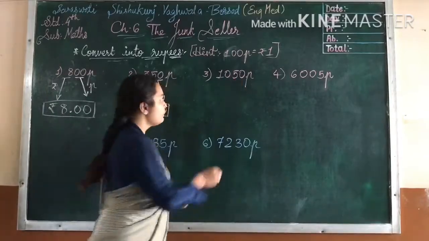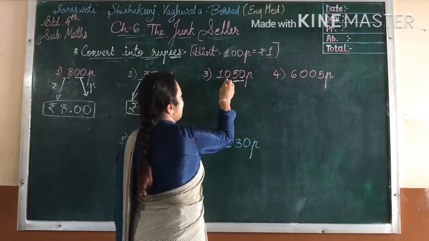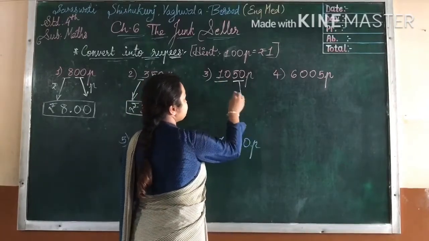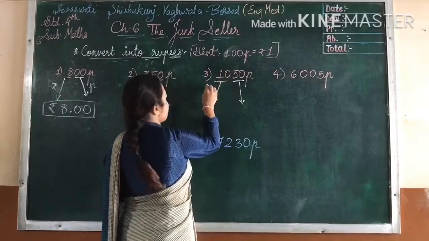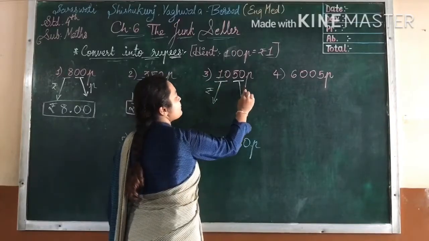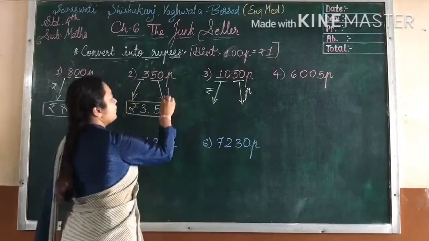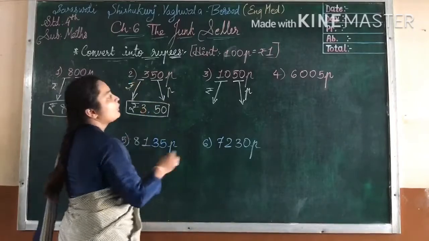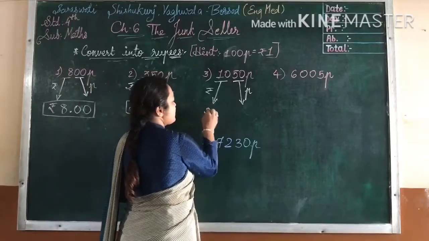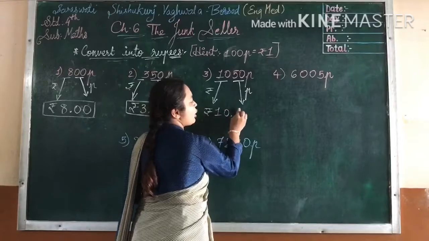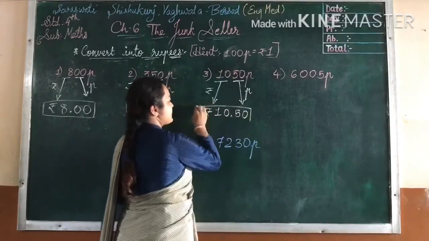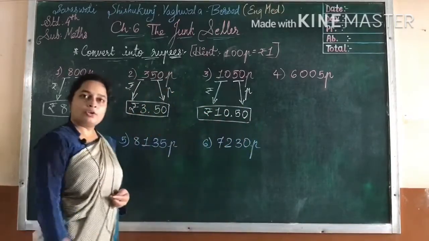We separate 50, and 10 on the other side. 10 is your rupees and 50 is your paisa. So we can write it as rupees 10.50.